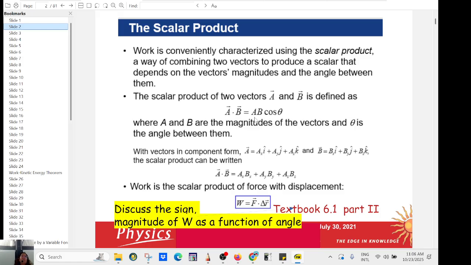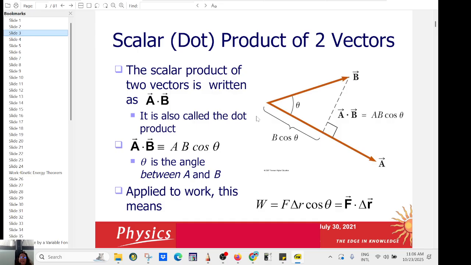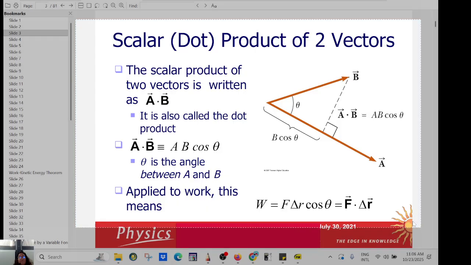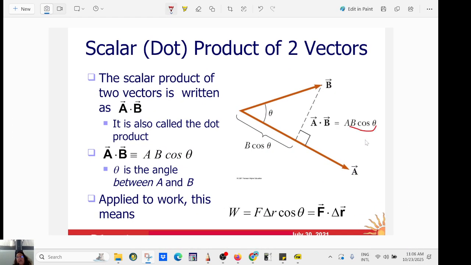So what you are doing here is multiplying the magnitude of A times the component of B along A. For example, if you have A and B and you dot them, you get the component of B along A times the magnitude of A. Or the opposite: the component of A parallel to the direction of B. It's going to be the same thing.